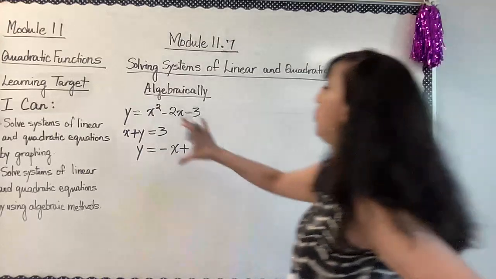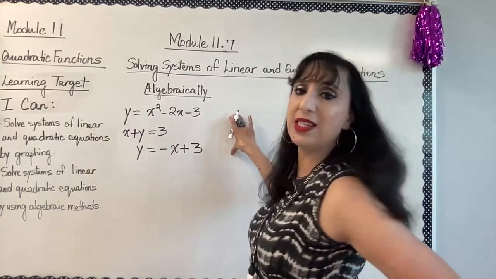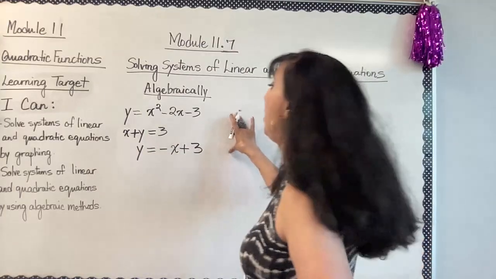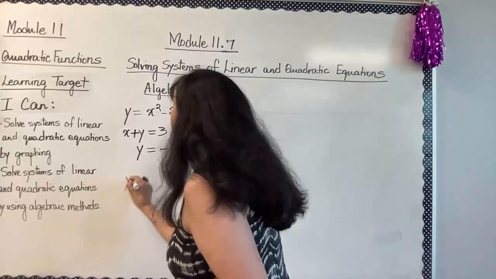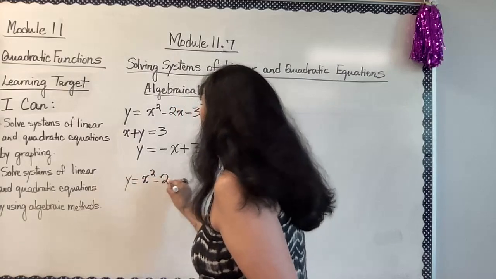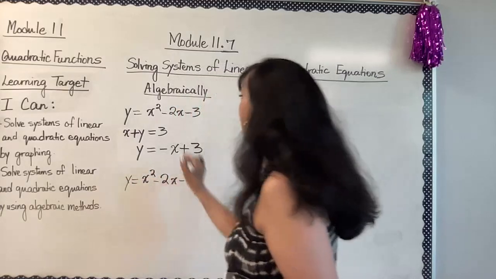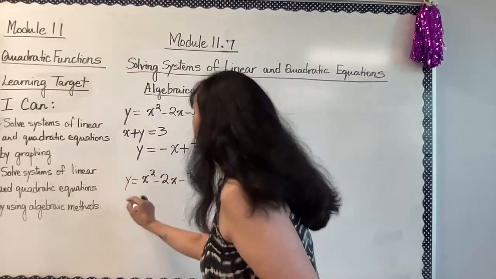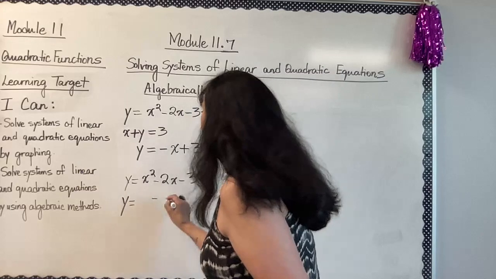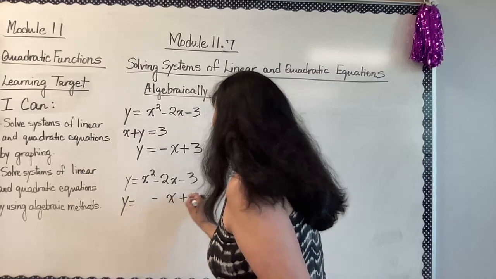Now I'm going to put both of them together. There are several methods to do this, but I'm just going to teach you the substitution method right now. So we have y is equal to x squared minus 2x minus 3, and this one is saying y is equal to -x plus 3.